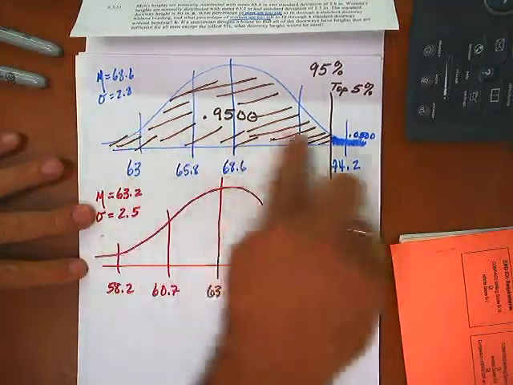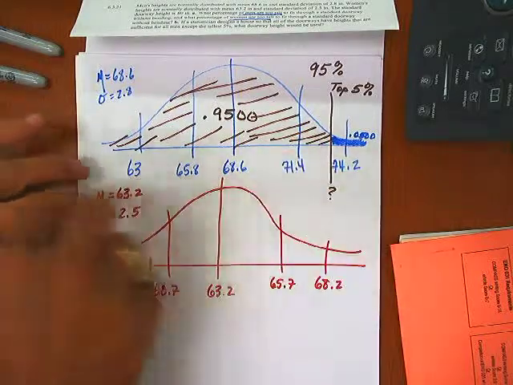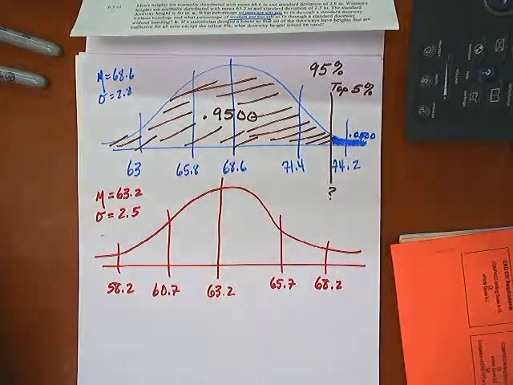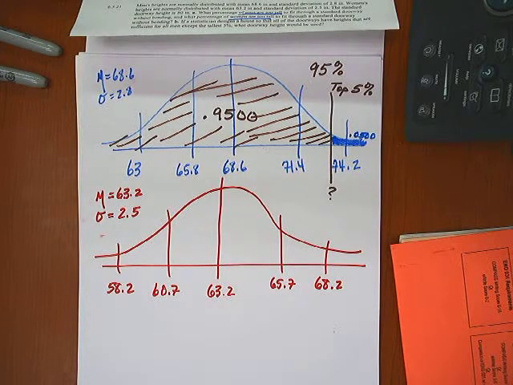Well, that's not exactly it. We know that this is 0.9500, so we have to go to our table and find 0.9500. And when we go to our table and find the area of 0.9500, you're going to be between 0.9495 and 0.9505.